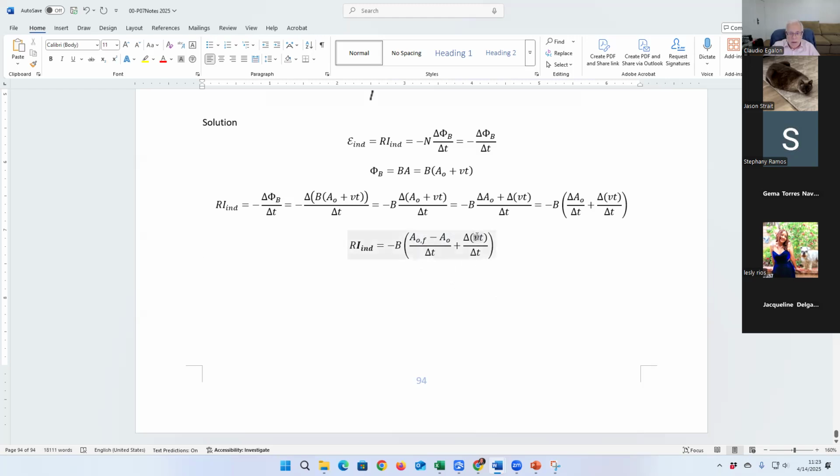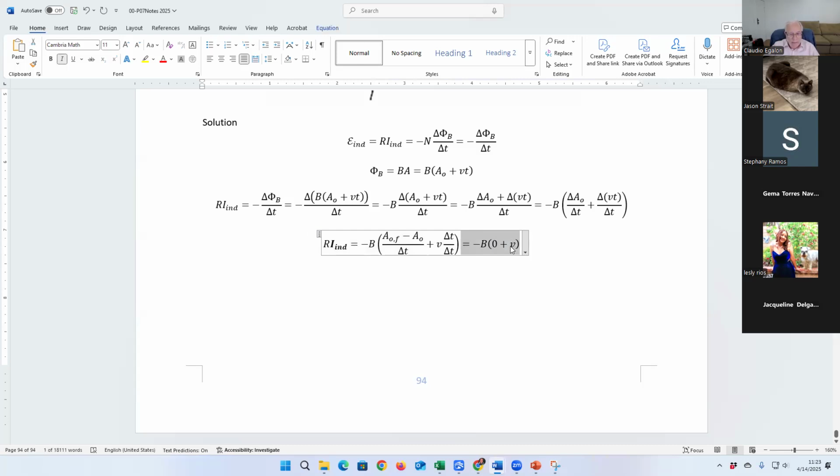In this case, v can be taken out of the delta symbol, and now we have delta t over delta t. So what do we end up having? We end up having here a term that's equal to 0 and another term that is equal to 1.